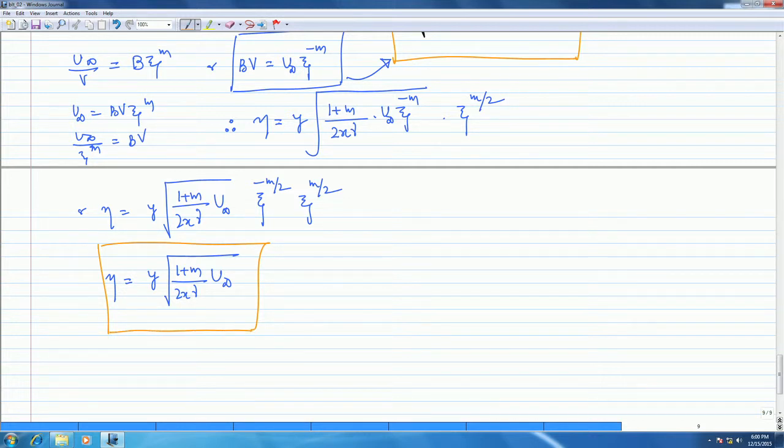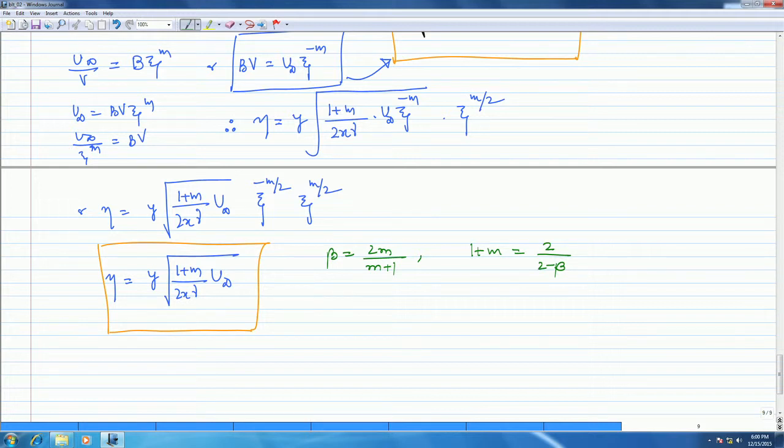Okay, so if I introduce beta in here, I have m, so now beta is 2m by m plus 1, right? And 1 plus m, well, this is just for writing purposes, is 2 minus beta. Then what happens to my eta?